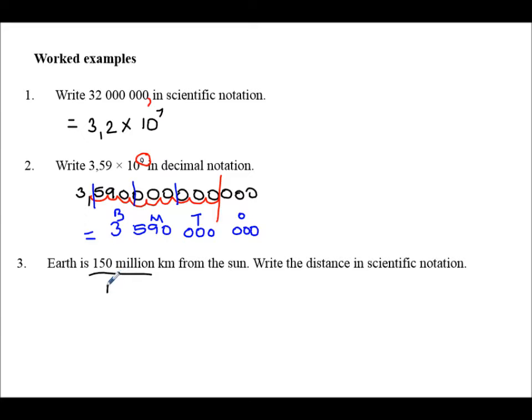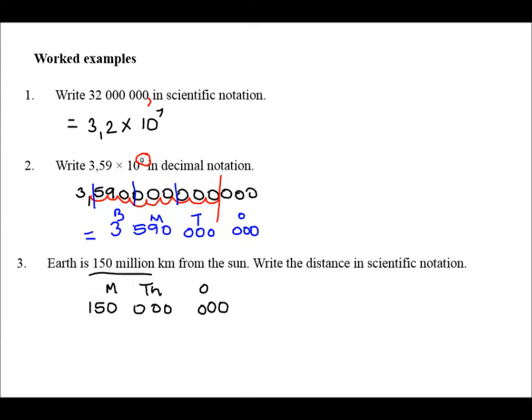Remember, we had our millions, thousands, and our ones. So 150 million, they are whole millions, so it's written like that. Thousands we fill up with zeros, and the ones we fill up with zeros. So 150 million is written like that.